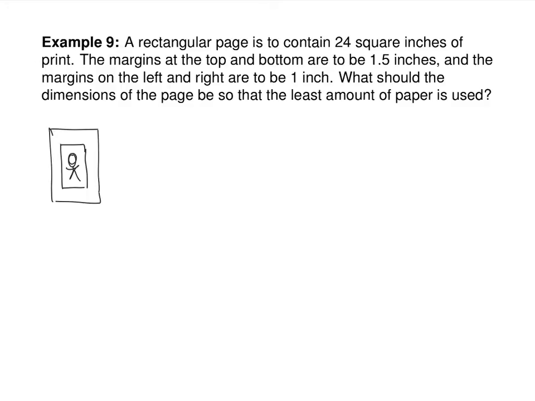Really great poster, it has a stick person on it. The margins at the top and bottom have to be 1.5 inches. This must be 1.5, this must be 1.5, and this must be 1, and this must be 1.